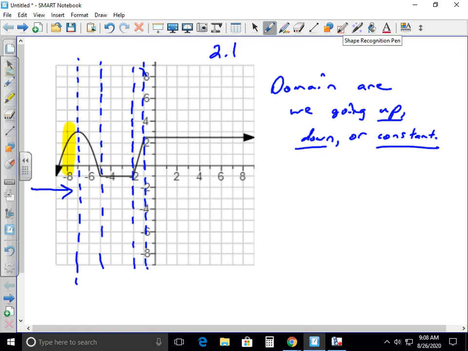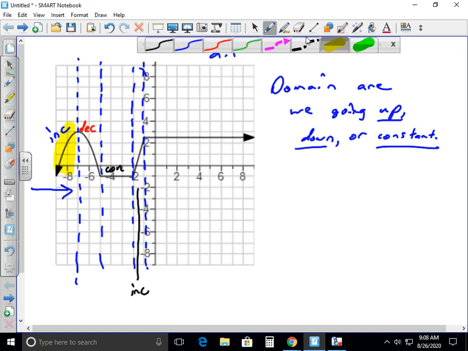This first section of the graph, as we read from left to right, is going up, so that section is increasing. The next section, as we go from left to right, is going down, so it's decreasing. The next section is staying the same, so it's constant. Then this section is back to going up, so it's increasing.